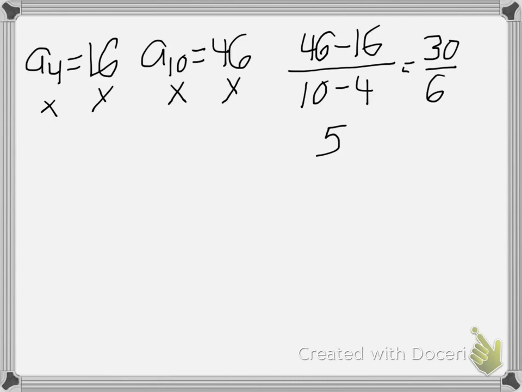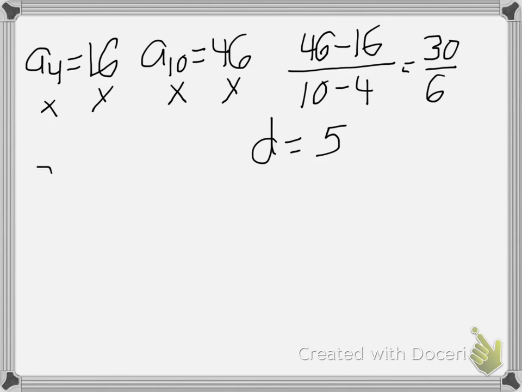And that should make sense. So a sub 5 would be 21. A sub 6 would be 26. A sub 7 would be 31. A sub 8 would be 36. A sub 9 would be 41, and a sub 10 should be 46. Do you see how this gave us our constant difference of 5? Just treat it like it's a slope problem. It's that easy.